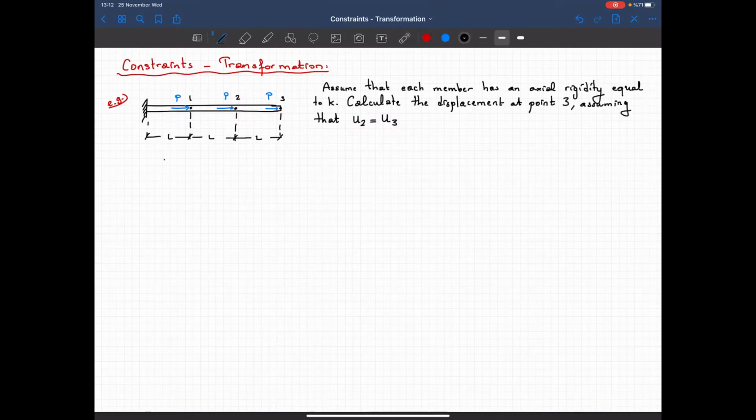Now, our stiffness matrix for this structure will be 2K, minus K, 0; minus K, 2K, minus K; 0, minus K, and K. And the force vector, of course, will be equal to P, P, and P.